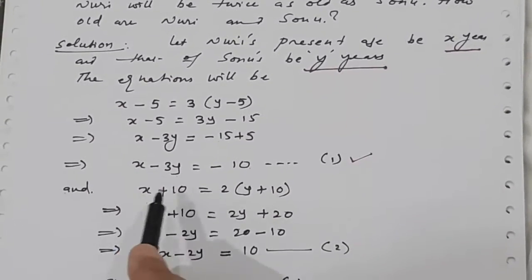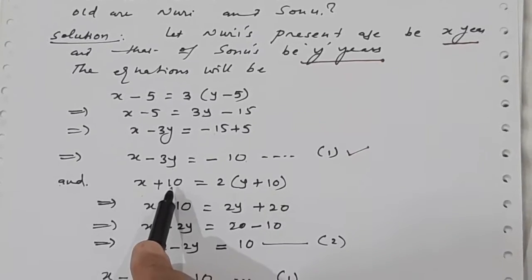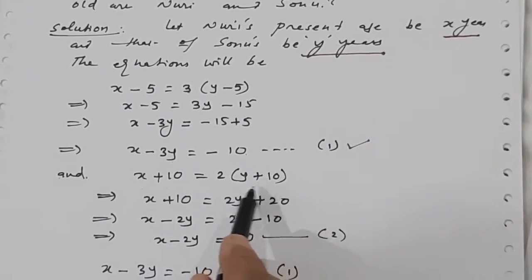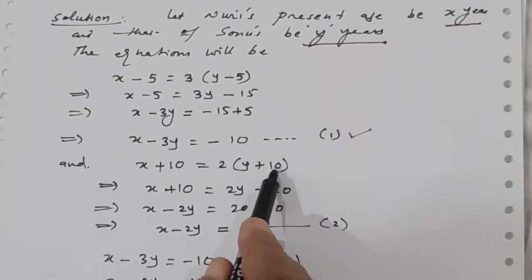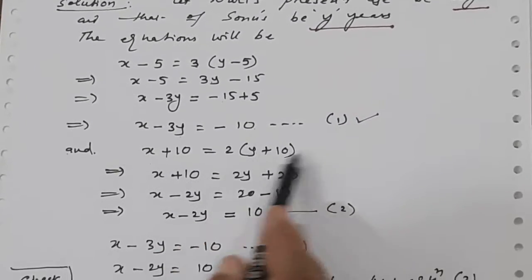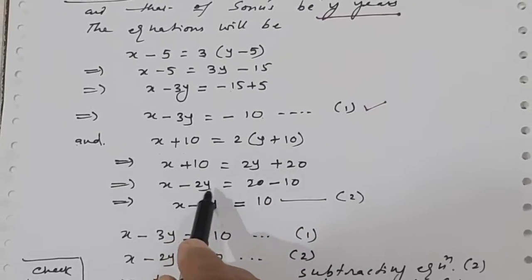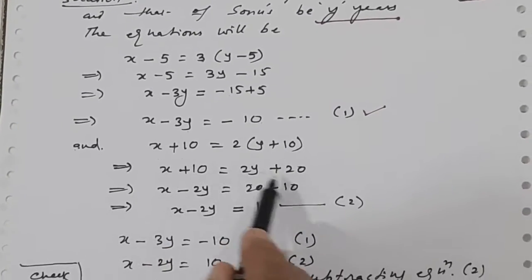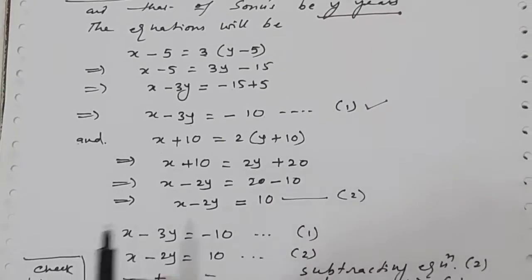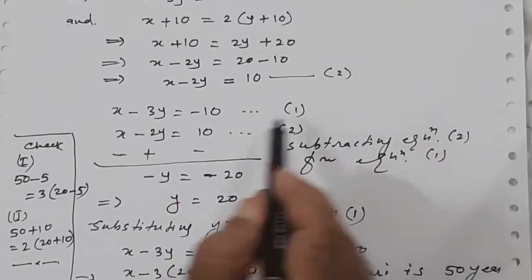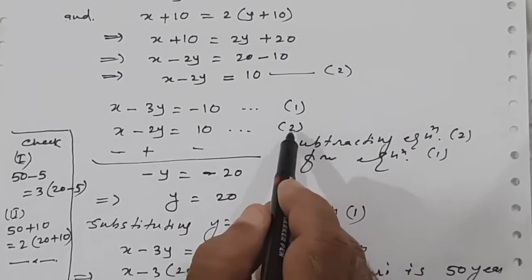So 10 years later, Noori will be X plus 10 and this will be equal to twice of Sonu's age at that time, that is Y plus 10. Simplify the bracket, open the bracket, 2Y plus 20, 2Y taken to the left hand side, 20 minus 10, 10 to the right hand side, and we get the second equation, that is X minus 2Y is equal to 10.